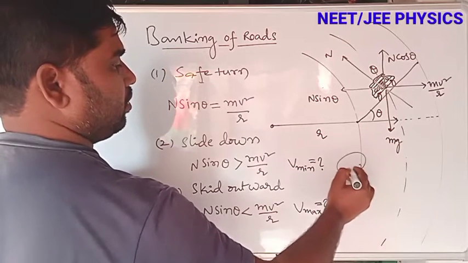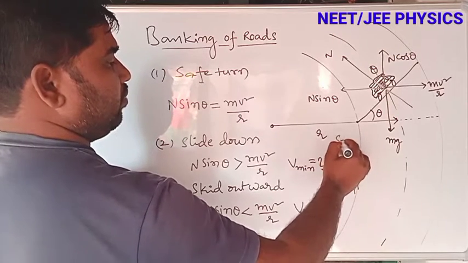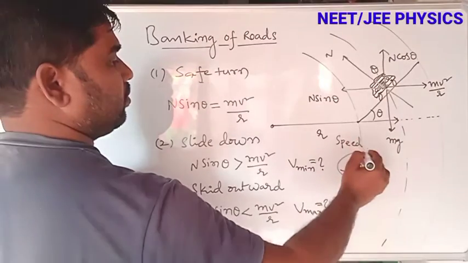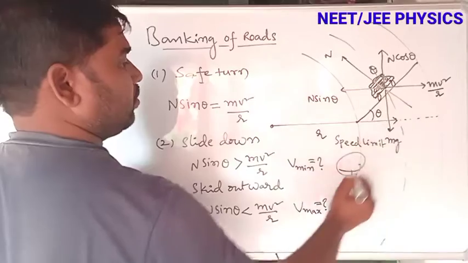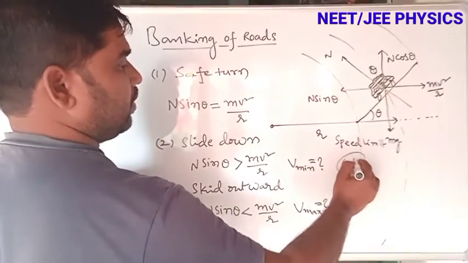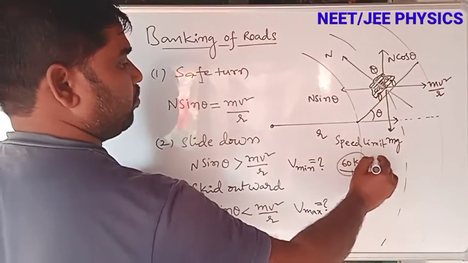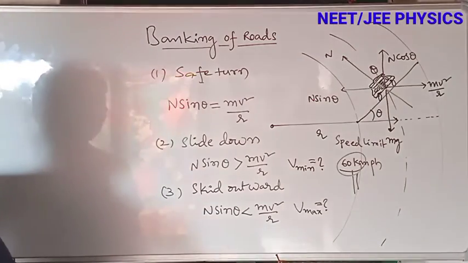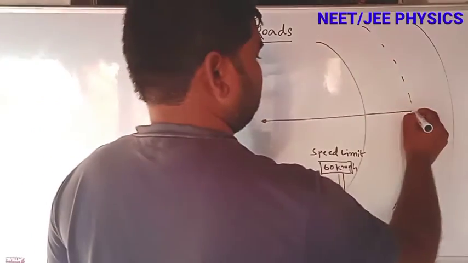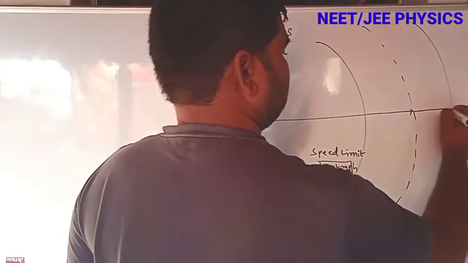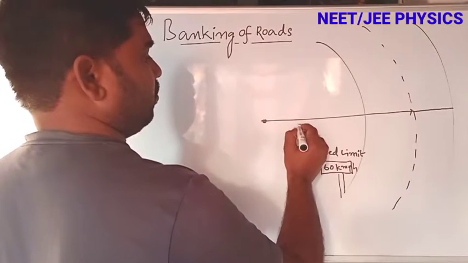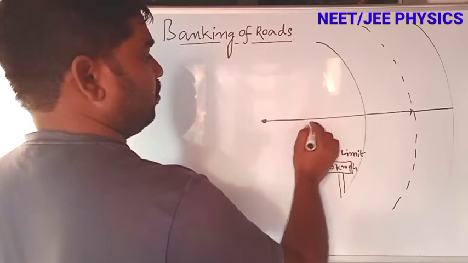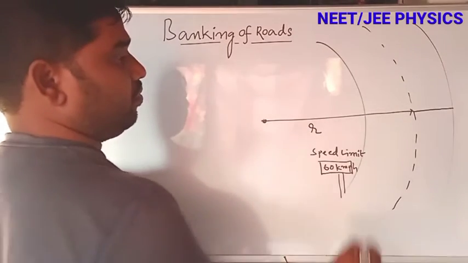You can observe at a circular track a speed limit, like 60 km per hour. Why they are arranging it like this is based on the banking angle, that means the theta value. Now we will see the cases one by one. I am extending the flat surface up to the dotted line.